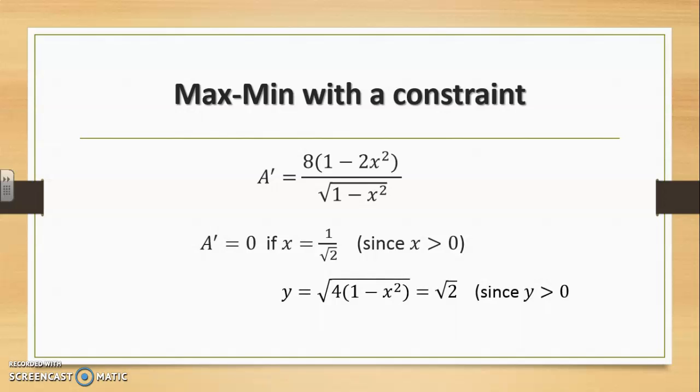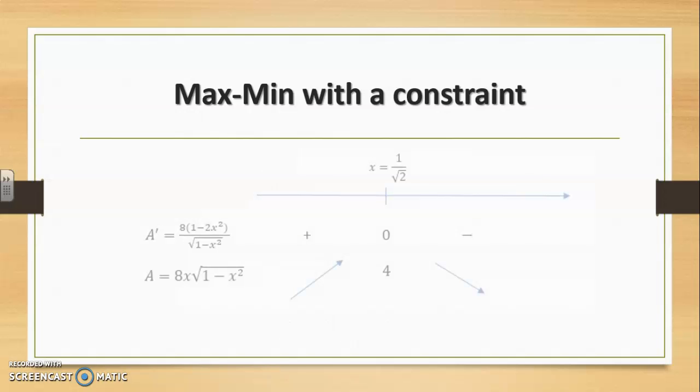Knowing that x is 1 over root 2, we can backtrack and figure out what the corresponding values of y, in this case root of 2, would be, and of the corresponding area, which we get by multiplying 4 times x times y. There is one last detail, though, we have to check. There is no guarantee that the value of x, 1 over root 2, is indeed a max. All that we've shown is that it is a stationary point. So we will do one last verification, which involves a number line.